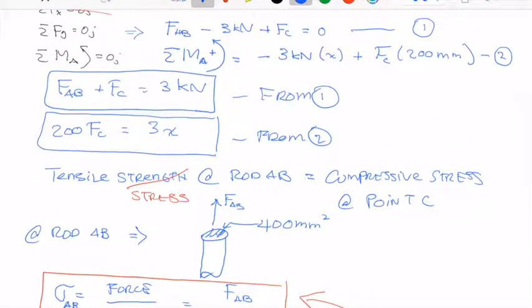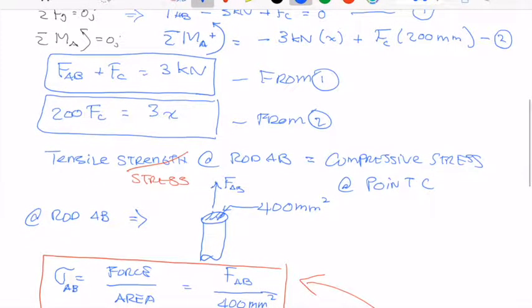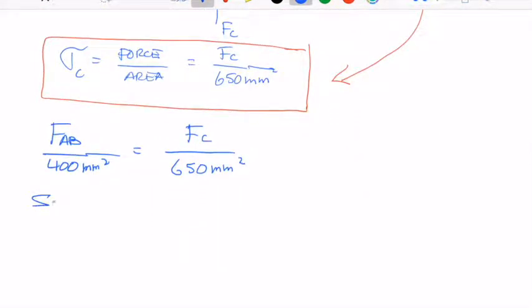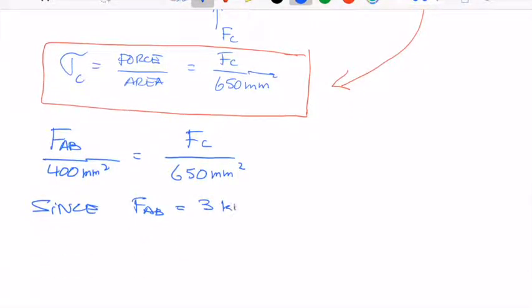Now let's go back and find out what FAB is from our equation here. We have FAB plus FC equals 3, so FAB equals 3 kilonewton minus FC, and this is coming from equation 1.